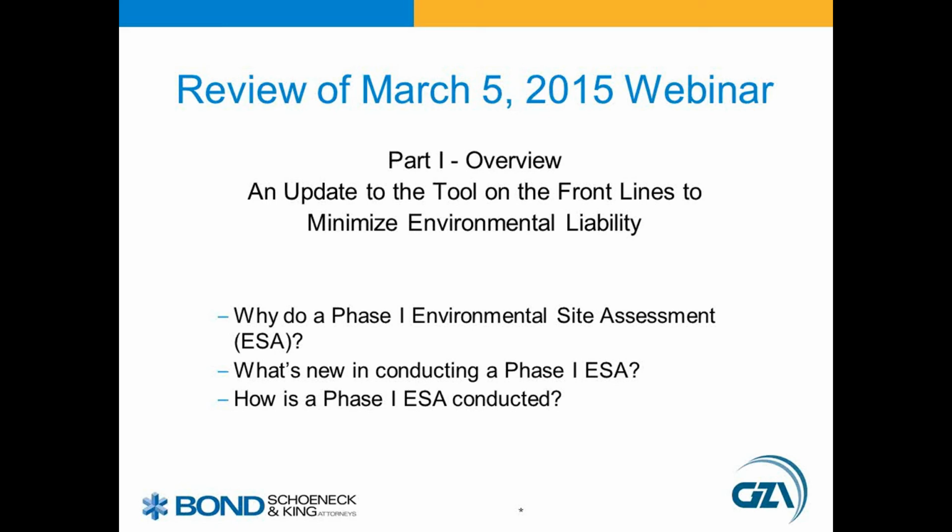In October 2014, EPA made the deletion of the acceptability of the earlier ASTM method final, so that as of October 6, 2015, only the new ASTM International Standard E1527-13 method will suffice for purposes of satisfying EPA's All Appropriate Inquiries requirement.